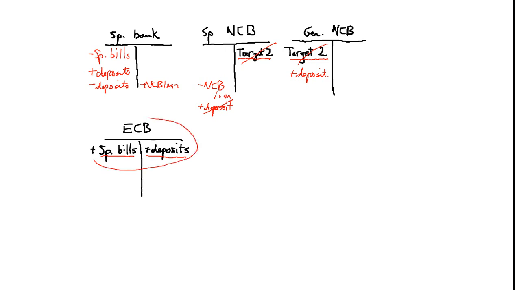this outright monetary transaction has to be booked somewhere in the Eurosystem. So let's do that. Let's book it at the German National Central Bank. Spanish bills as an asset and deposits as a liability.